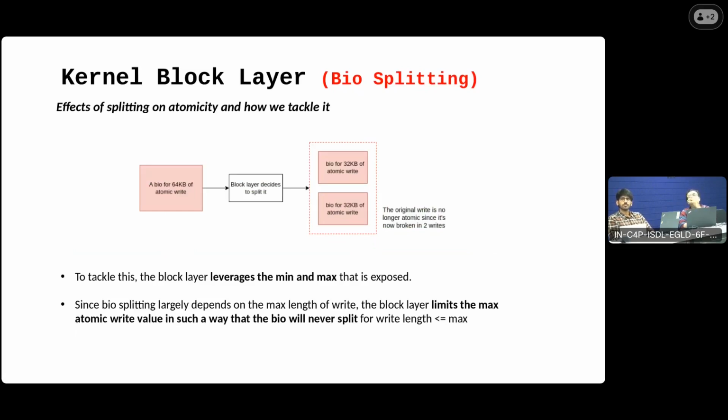That makes the original write not atomic anymore, because the user wanted the entire 64 KB to be written in one shot, but the block layer ended up splitting because of some constraint the device offers, for example the maximum number of segments being exceeded, or things like that. So splitting, merging, and rearranging are common things in the block layer that need to be handled in a different, specific manner for atomic write.